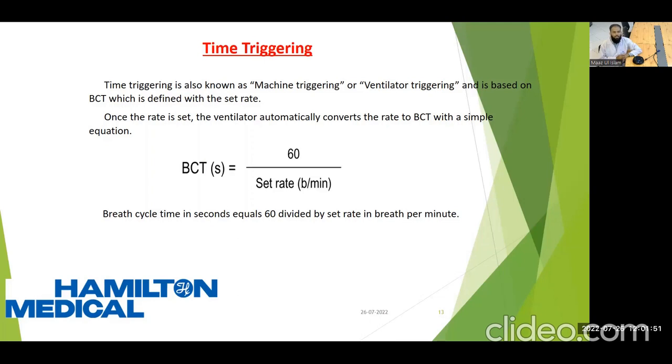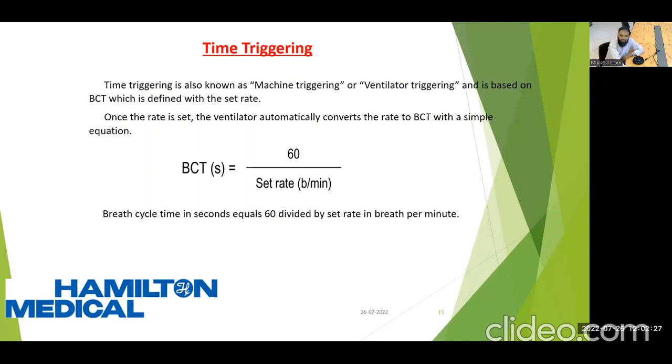For example, if you want to set a respiratory rate of 10 breaths per minute, in 1 minute we have 60 seconds, so the ventilator automatically calculates that one complete breath should be 6 seconds. The one breath cycle time should be 6 seconds.